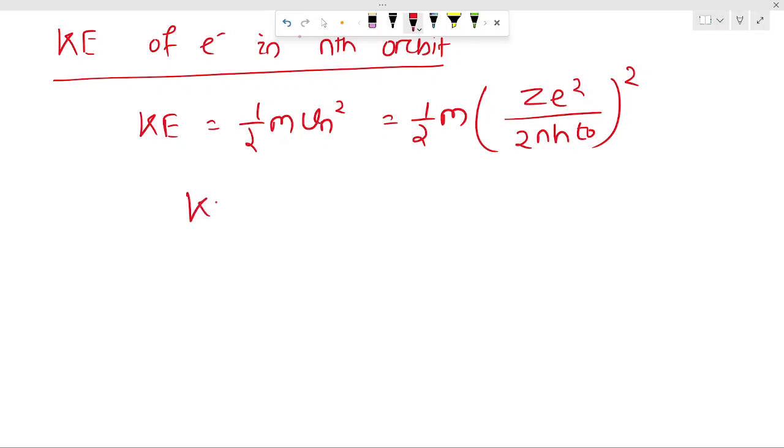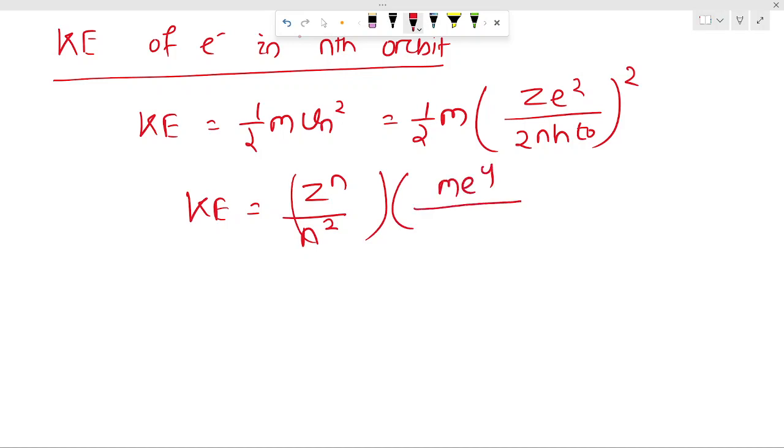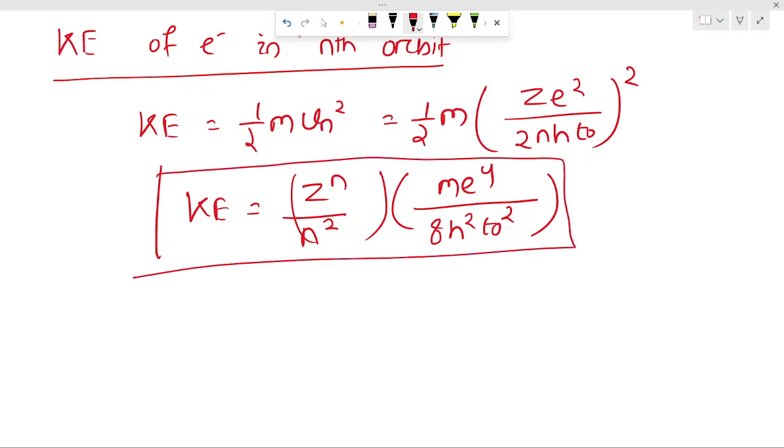So kinetic energy becomes Z square upon n square into m e4 upon 8 h square epsilon naught square, isn't it? Yes. Give it a bracket, give it a box. Equation number 1.